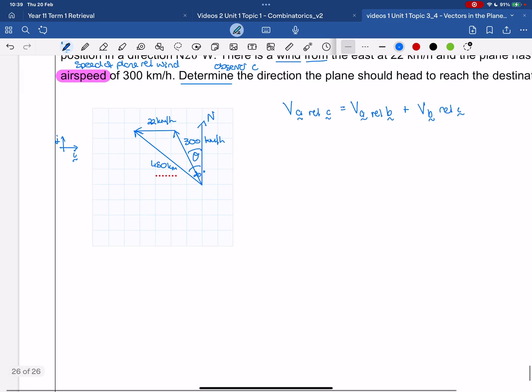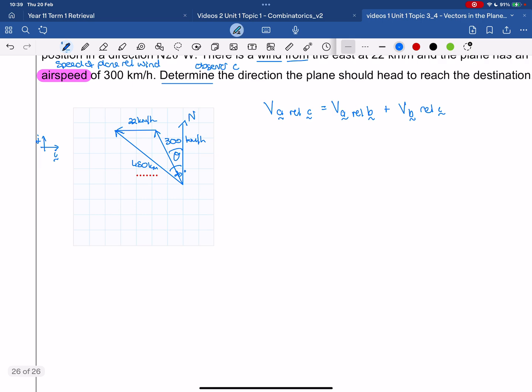All right, let's do some definitions here. I'll do it up here. Let A be my velocity of the plane relative to the wind.